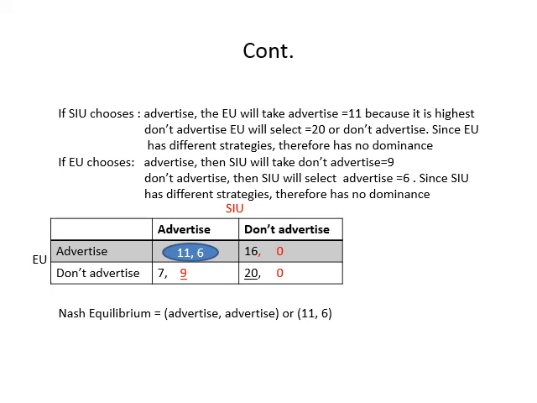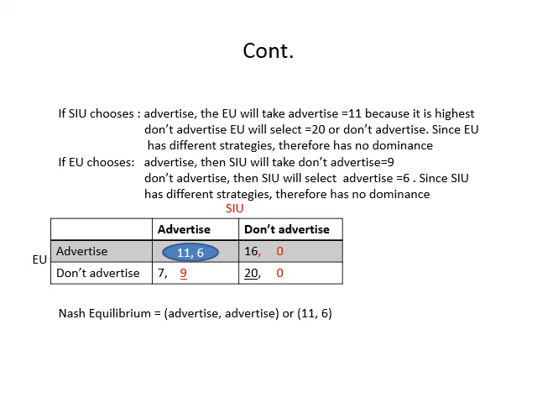Now, if El-Razi University chooses advertise, since Sudan University will take don't advertise, equal 9. If EU chooses don't advertise, then SIU will select advertise, equal 6.